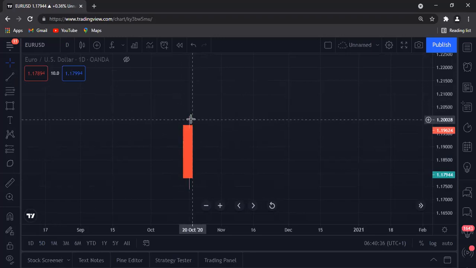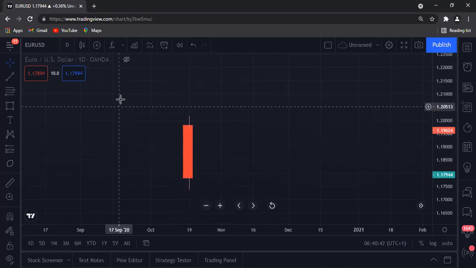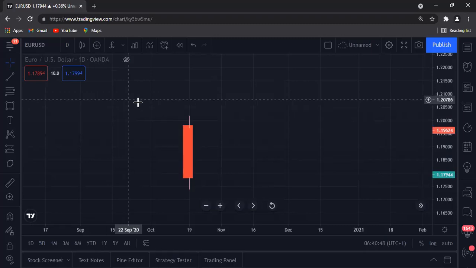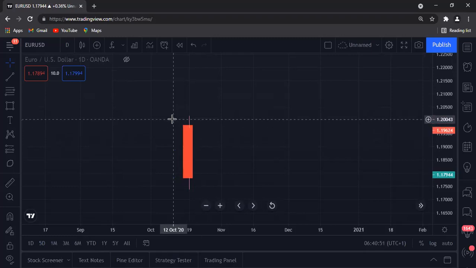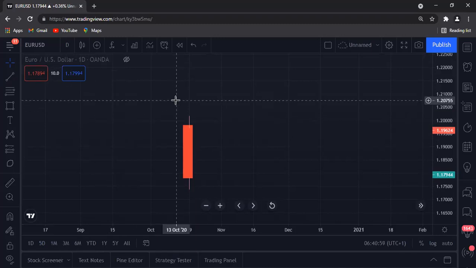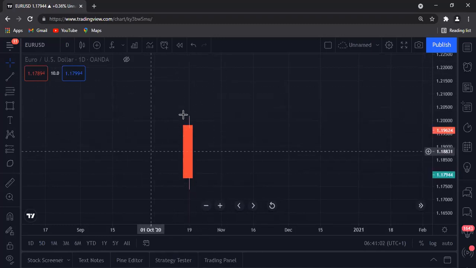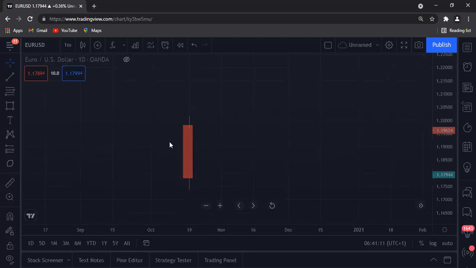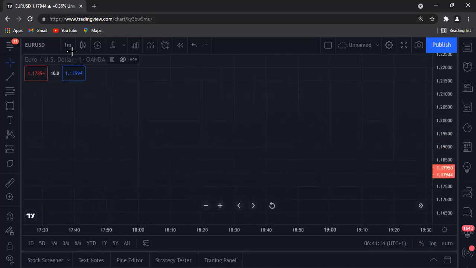So we'll call these the wicks or the tails. Let's take this to be a bearish candle. A bearish candle is a falling candle. It symbolizes that the market is falling. Let's say this is a single 1 minute candle.